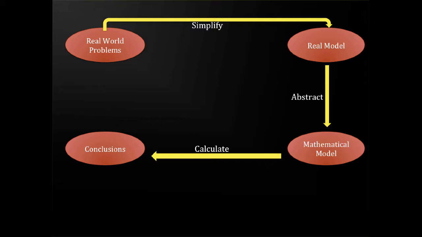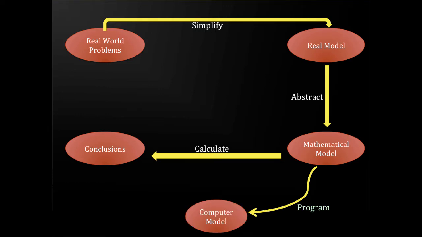But most mathematical models are very complicated. It is not easy to solve. If so, how do we solve these problems? Yes, we can write a program and make it a computer model.